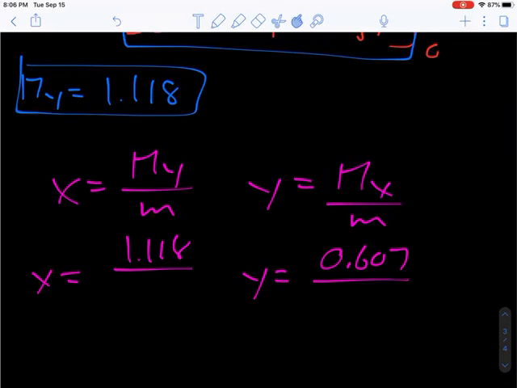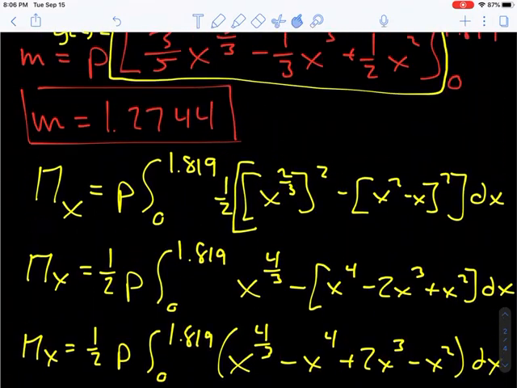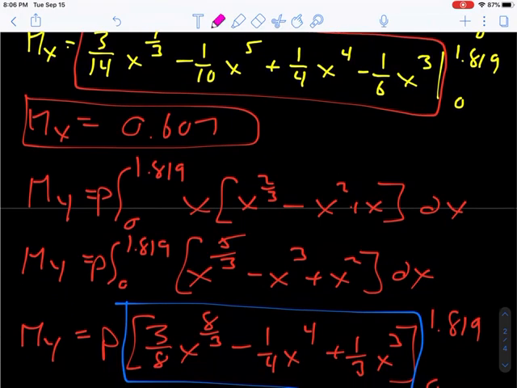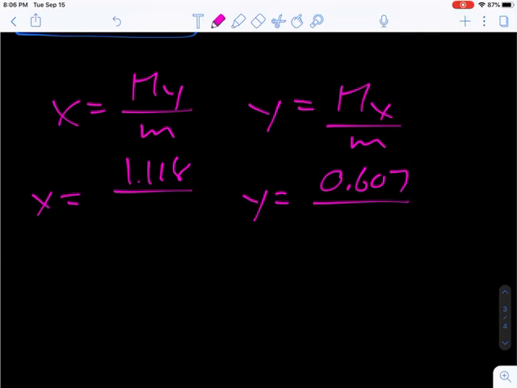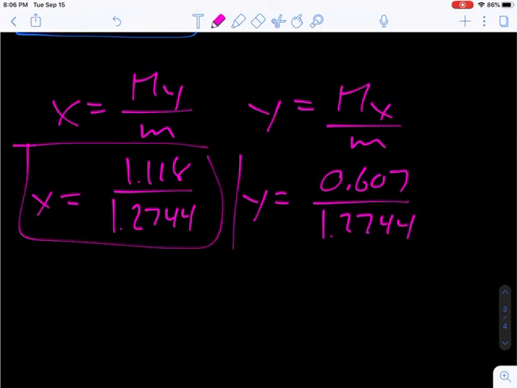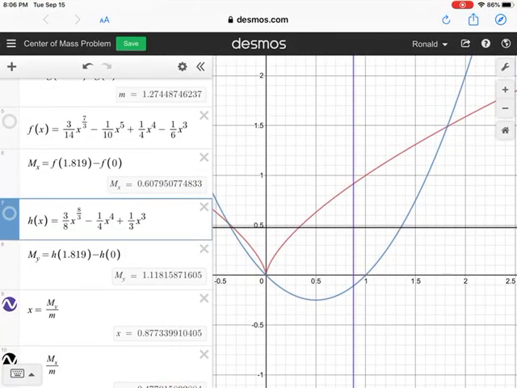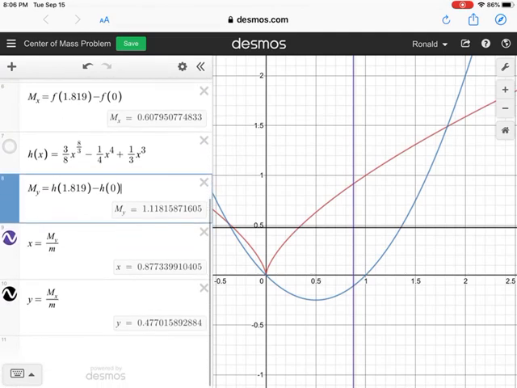And then little m was 1.274. And this is all completely redundant because I'm not actually using this to calculate it. I'm just doing this to say, yeah, this is how we actually do it, but I'm going to let Desmos actually do all this. And so back to Desmos, the last steps down here, I let x be equal to m sub y over little m. Y is m sub x over little m. And so x is equal to 0.877 and y is equal to 0.477.